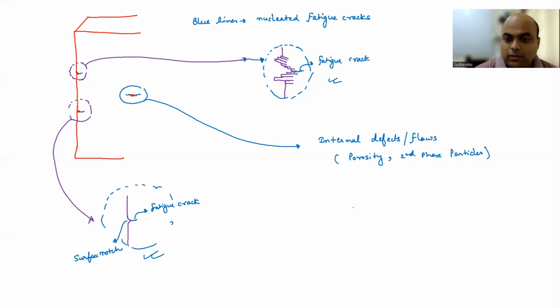So if I just blow it up, it will look something like this. So you have the inclusion, say the second phase particle, which is an inclusion, and then you have this crack. Okay, so these are your fatigue cracks, which have nucleated. And this is your internal defect.